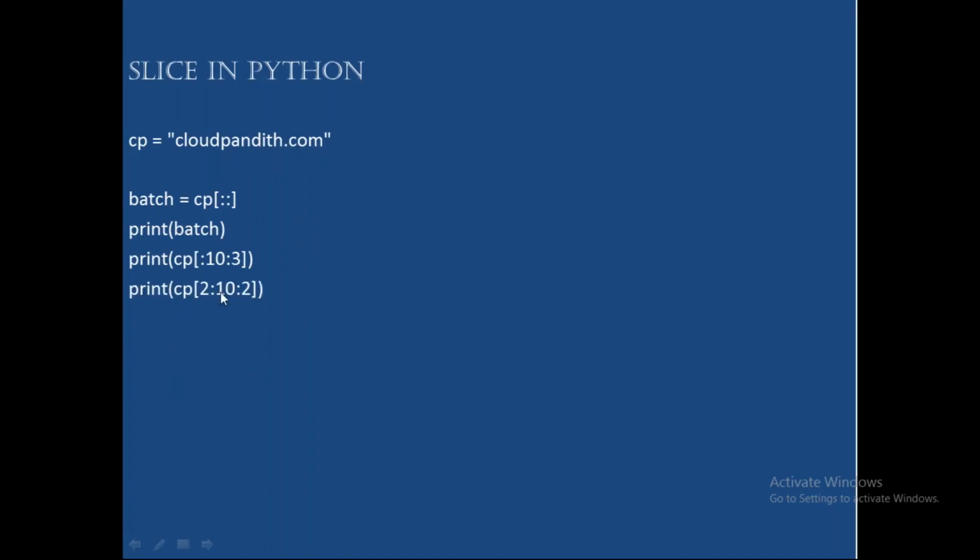Okay. Now for this, can you tell me what I will get? It will skip alternate values. C will print, L it will skip, O it will print, U it will skip. Sir, so it's going to start from O. 2 values, second values. 0, 1, 2, O value print, sir.